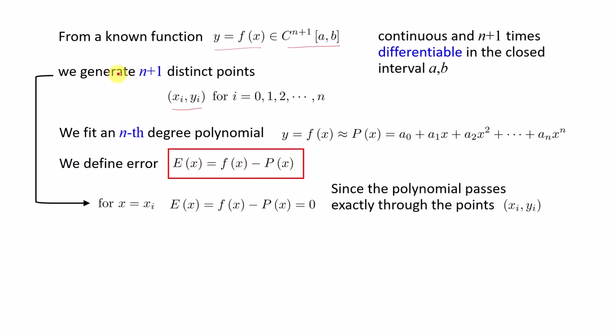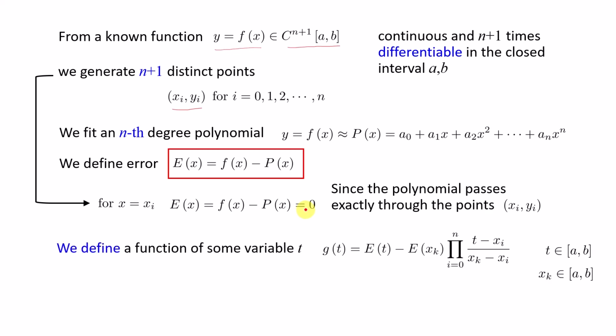Clearly, for x equals xi, this e(x) will be 0 because the polynomial is passing through these (xi, yi) points, and these points are calculated from this function. So the function is also passing through these points. At these points, the polynomial as well as the function match exactly with each other. So the error is not approximately 0, it is exactly 0. However, at other points there may be non-zero error, and we intend to find that out.